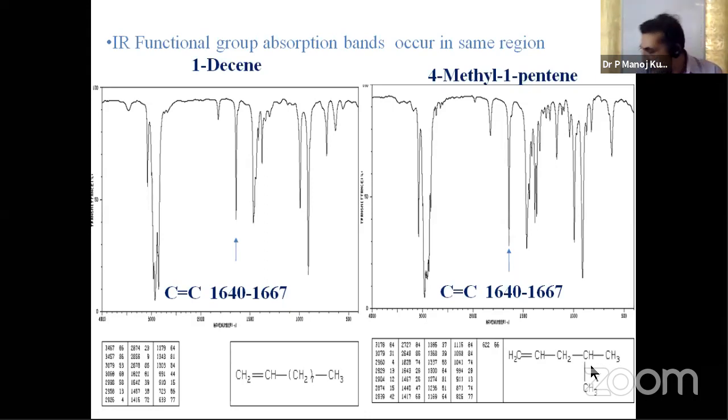You can see an isopropyl group over here. I think all the participants can look at the cursor I'm keeping on the slide, so that you will be able to follow which part of the slide I am focusing on. I hope all of you are able to see my cursor. Yes, sir. Thank you, madam. So it is the isopropyl group here, and it is a straight chain group here.